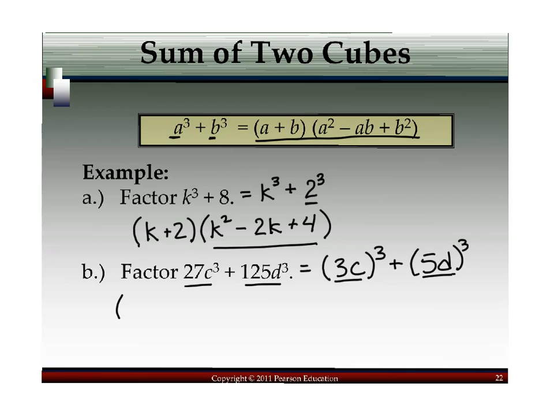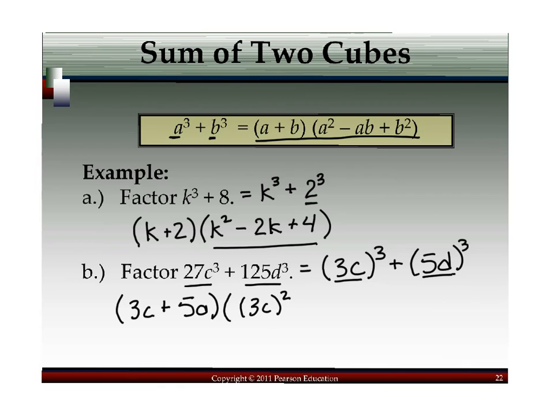Let's factor this out. So 3c plus 5d. And then the next part is going to be 3c squared. So I'm going to write this as 3c squared.